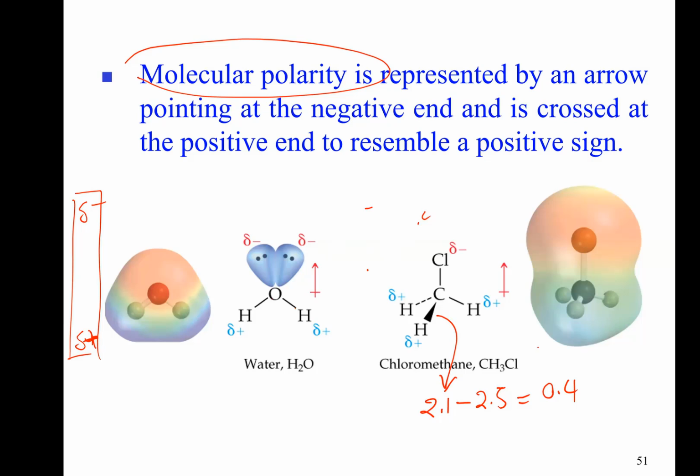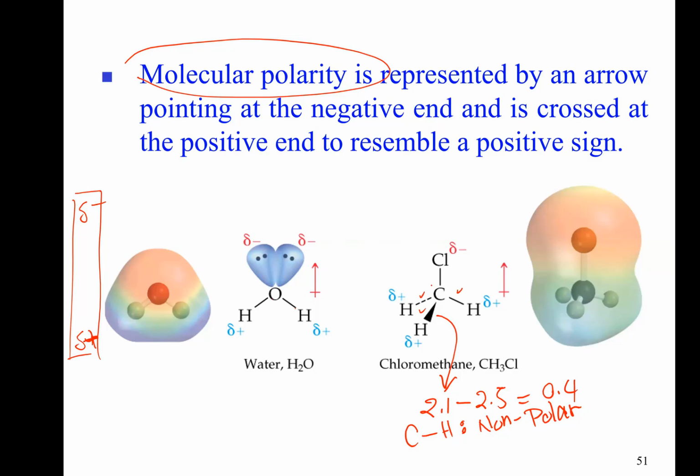And a 0.4 difference of electronegativity is not large enough to make a bond polar. Remember, we said a minimum of 0.5 is needed. So can I say carbon-hydrogen bonds are nonpolar? Can I say that? So we have three nonpolar bonds, this one, this one, this one.